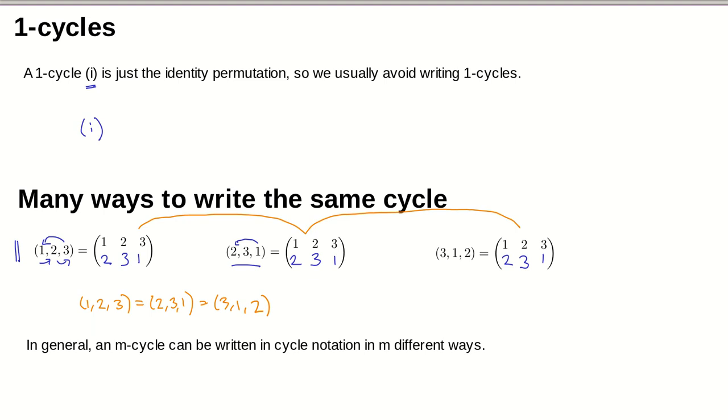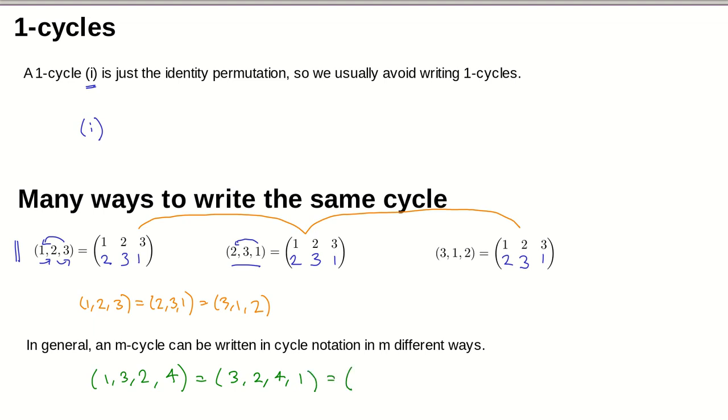And in general, an m cycle can be written in cycle notation in m different ways, because you can choose any particular number to start the cycle with. As another example, if you had (1 3 2 4), you could also start that cycle with the number 3, in which case it will be equal to (3 2 4 1).